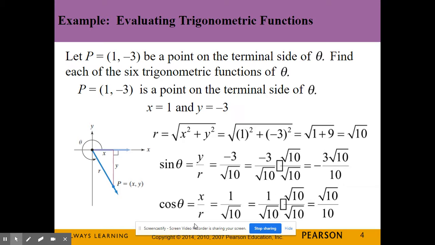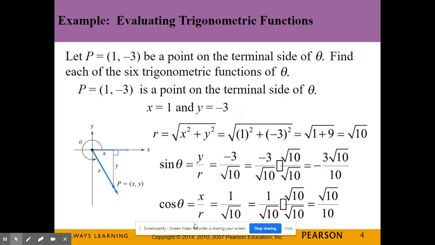So a squared plus b squared equals c squared. If I'm solving for the c, our r is the hypotenuse, then it's the square root of x squared plus y squared. X is 1, y is -3. So you have 1 plus 9 is then 10. You got square root of 10. So that's your r.